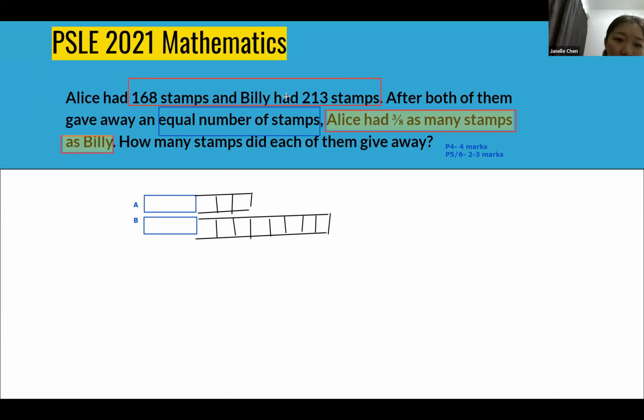So for start here, this is the giveaway. This is the giveaway. This is the left and this is the left. So we need to label in case people get confused. So left, giveaway, giveaway.